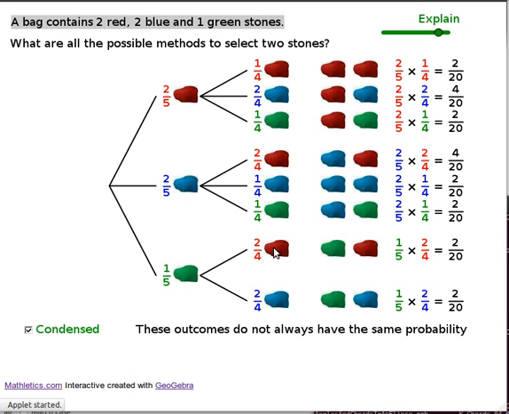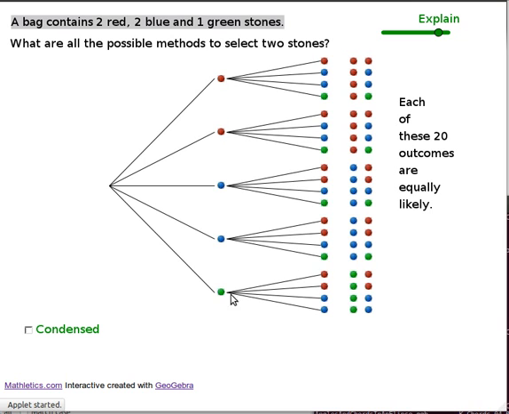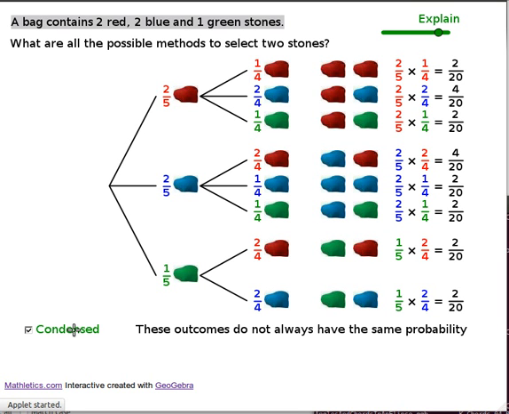Say green-red, for instance. Green-red, 2/20 of a chance. If you go back over here, green-red, there's one way it can happen, and that's the second way it can happen. So you get 2/20. And that is how we use tree diagrams and counting math and working mathematically to count compound events.